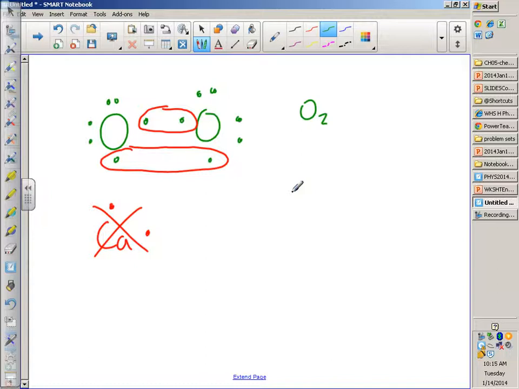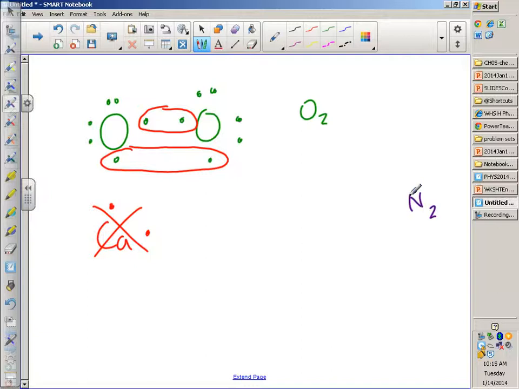All right, next thing I want you to draw for me. Draw for me the structural formula for the diatomic molecule N2.